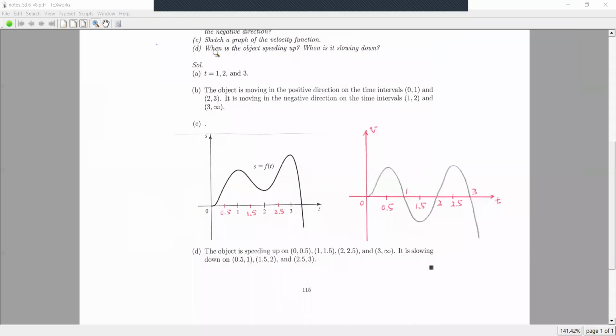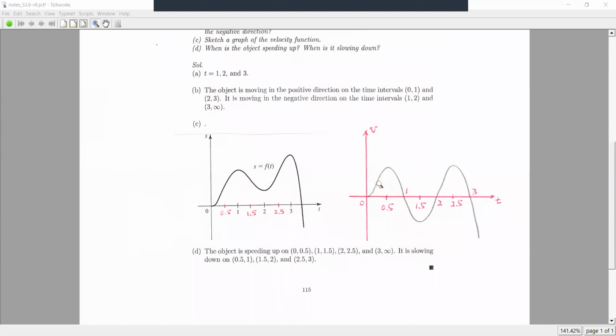Part D. When is the object speeding up? When is it slowing down? To answer the questions, we need to recall that speed is the absolute value of velocity. Now, from 0 to 0.5, the graph of the velocity is increasing and is positive.